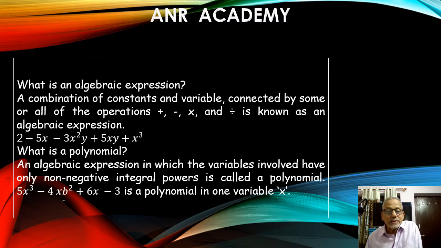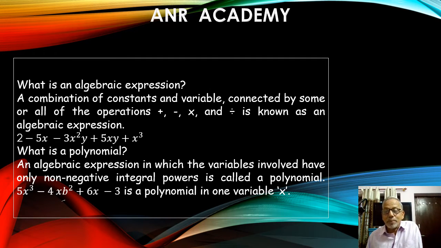Polynomial means having more terms. 5x cube is one term, 4xb square another term, 6x one more term, and 3.